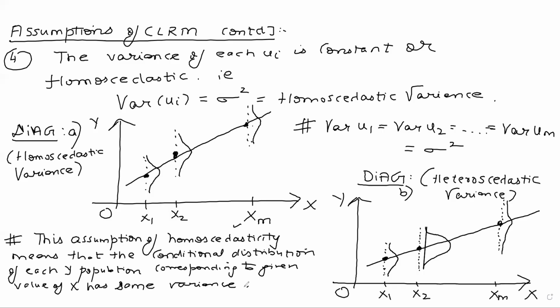Okay, so let's move forward to the next assumption. Fourth assumption is done. Let's talk about the fifth assumption. On your screens, the fifth assumption is that there is no correlation between the two error terms.